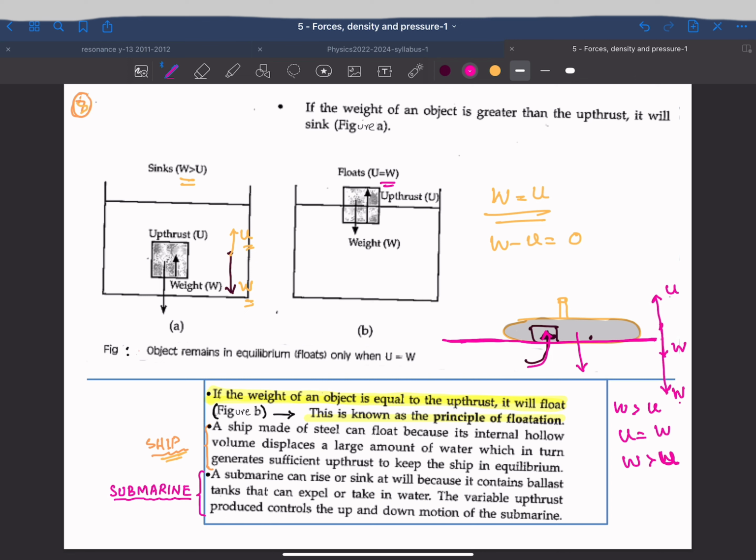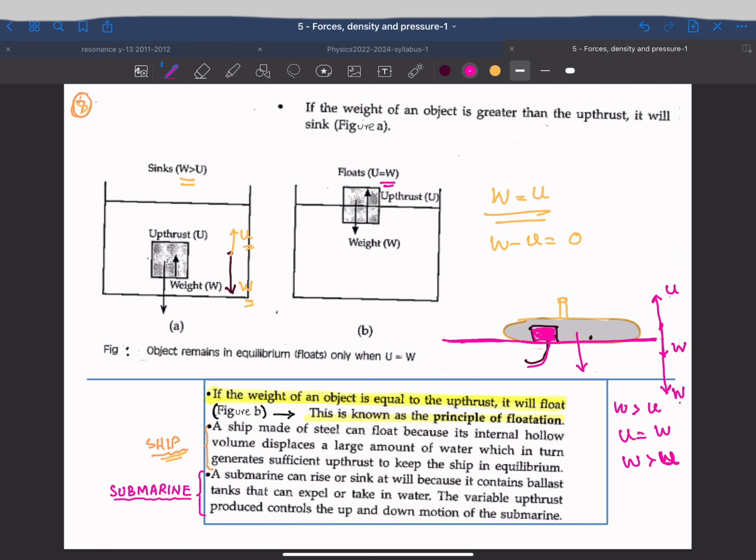What you can do at a particular depth is close the doors of your blast tank. At that point, the weight will be equal to the upthrust, and your submarine will float at that point. So this is very, very important to understand.